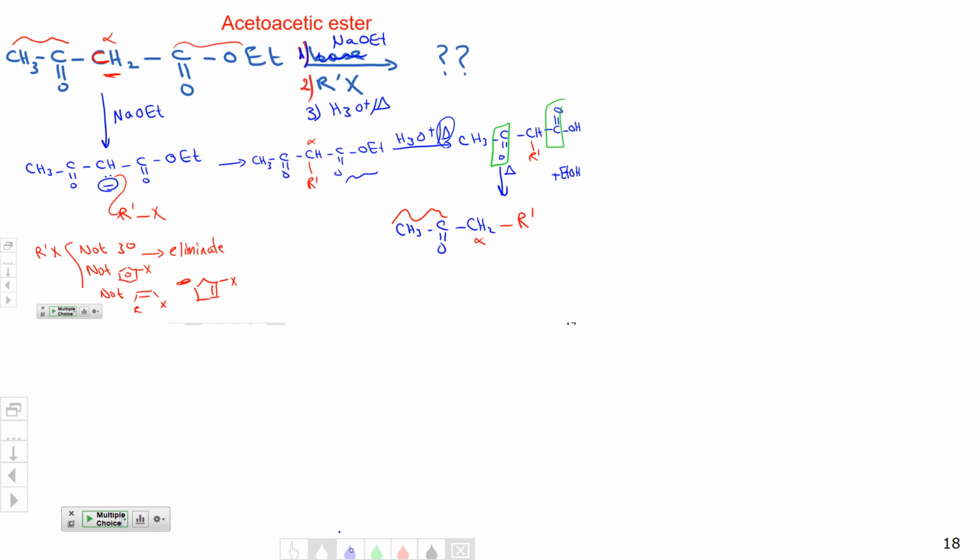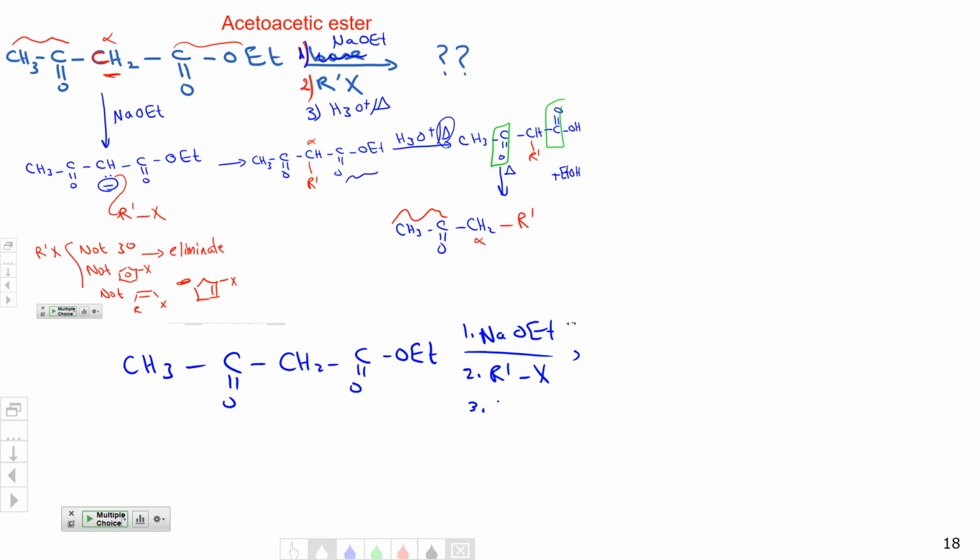So if I'm starting with acetoacetic ester, and I do the very typical 3 steps, sodium ethoxide, R prime X, and H3O plus heat, the result of that is this part, the methyl ketone with its alpha.